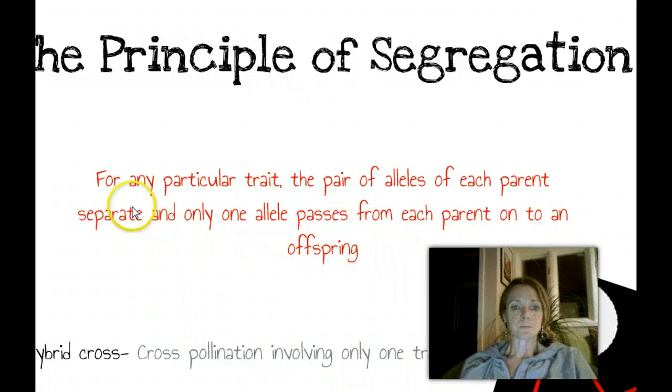Okay, so let me simplify that a little bit. First of all, I want you guys to know what an allele is, because you're going to hear that term a lot. An allele is a genetic term, and it's basically another fancy word for gene, but you're really just taking one of those pairs of genes that are found on the chromosome.